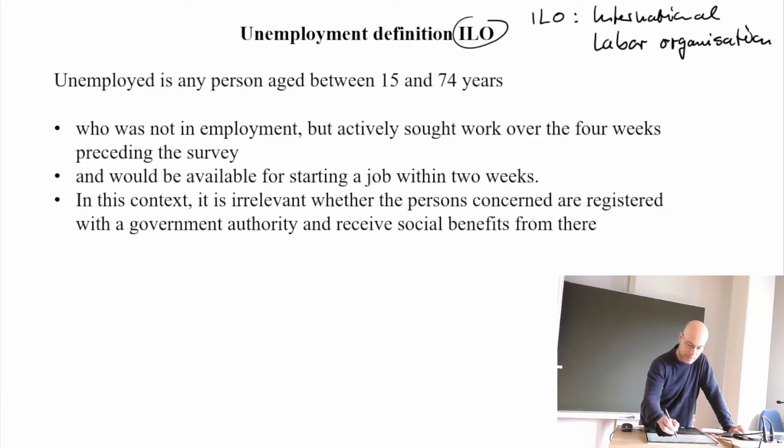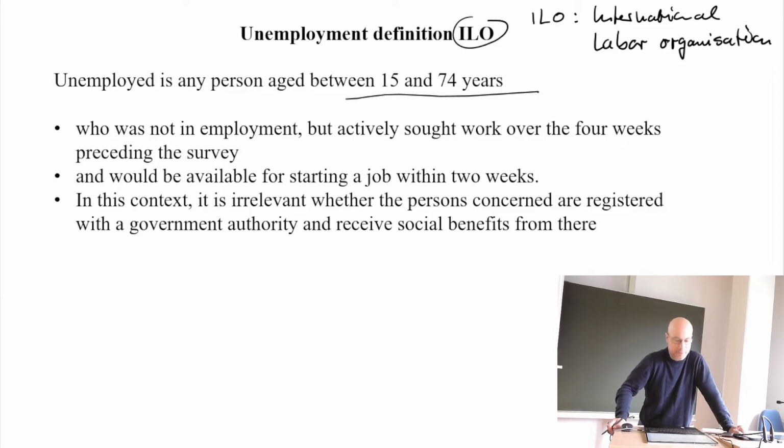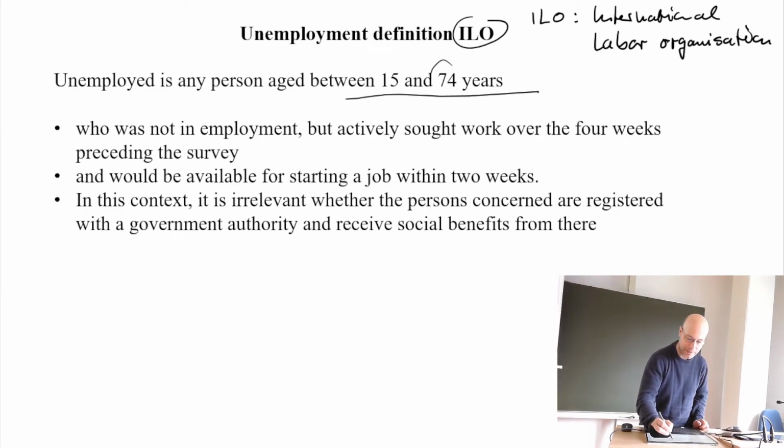At first, we say that we look at people in the range between 15 and 74 years. Well, we really want to look at all countries in the whole world. And then, of course, if you go to the developing countries, there you do not have such a pension system like in the developed countries. And there is more or less no real retiring age. So we say in general, we look at the people until 74 or 75 years, when they have to stop working because they cannot work anymore.